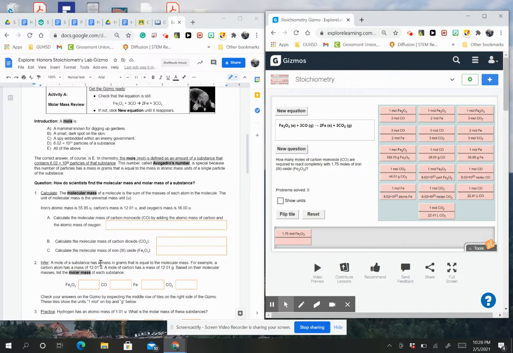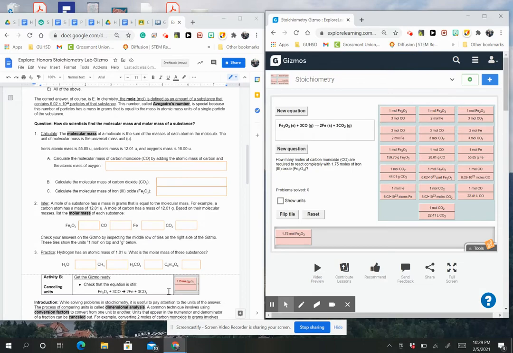When we move on to the molar mass, the value is exactly the same, but what we're looking at is the number of grams per 1 mole of that substance. So you're going to calculate the molar mass of Fe2O3, CO, Fe, and CO2, and then you're going to check your results over here on your tiles, okay?